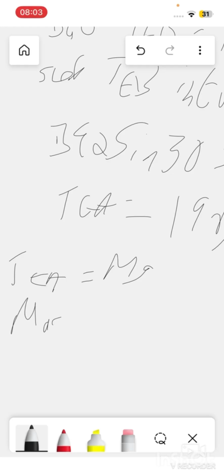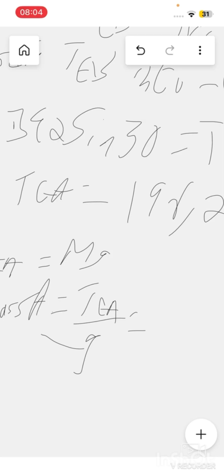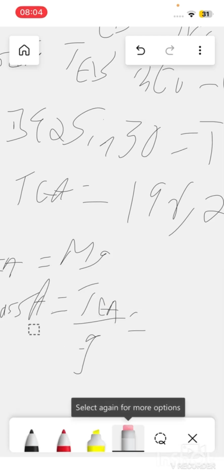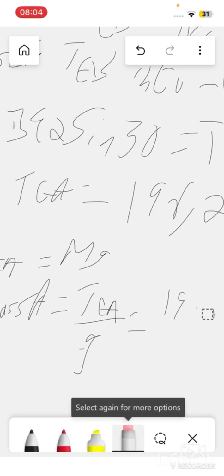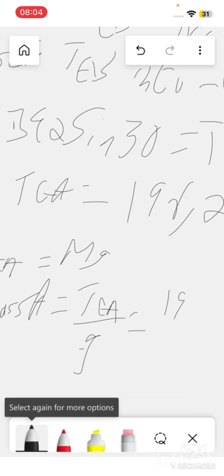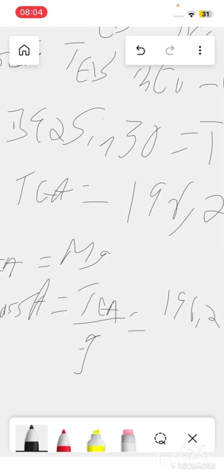The mass of A is equal to TEA over G, which is 196.2 over 9.8.